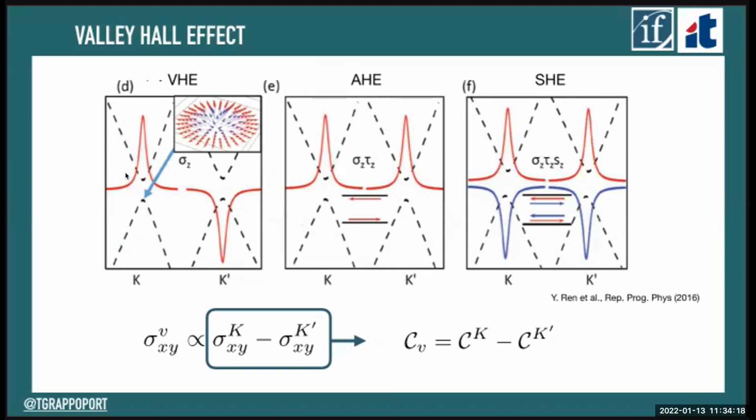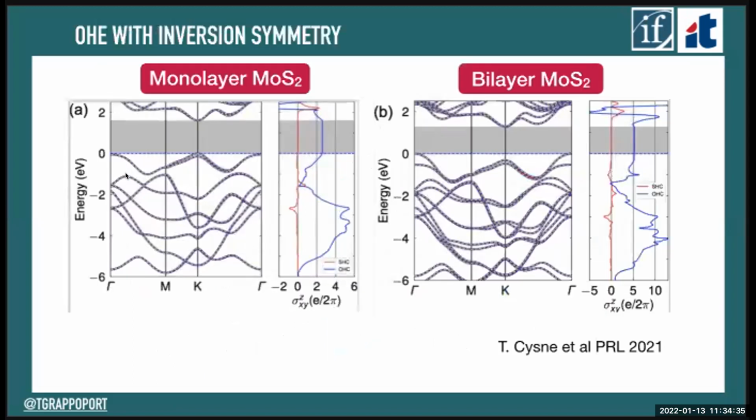So with these ideas in mind, different Berry curvatures and what we can calculate with these Chern numbers, let's go back to our system and see if that was just the Valley Hall effect.